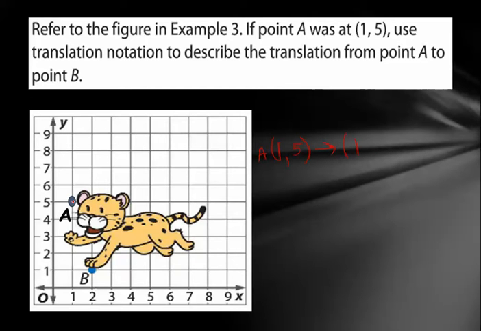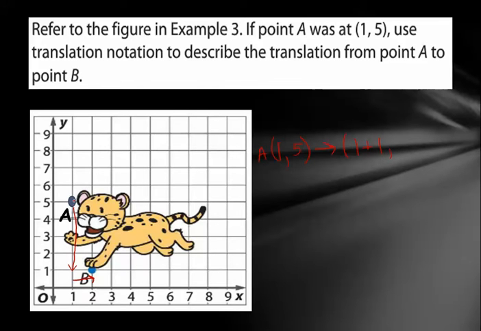So A was up here and now B is down there, so we know we had to go down in that direction and we had to go to the right. X is left and right, so we went 1 unit to the right, so that means we had to add 1 to our X value.